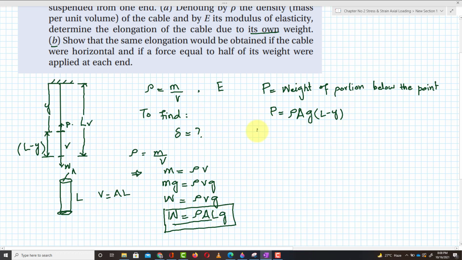Now we know that a small change d delta in this length will be equal to P L over A E. We are not taking L because we are going in the y direction, a small portion of length. So P into dy over A E. Clear? Now we will put the value of P, which is this. So it will be equal to rho A g into L minus y over A E.